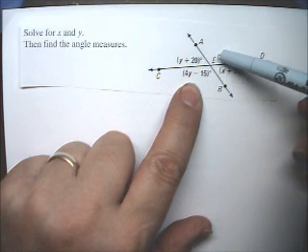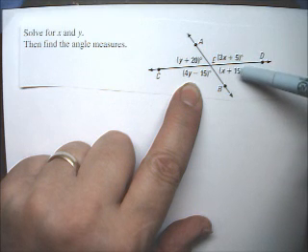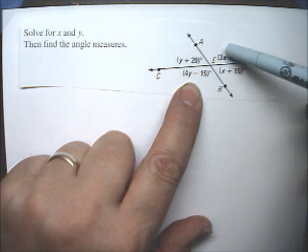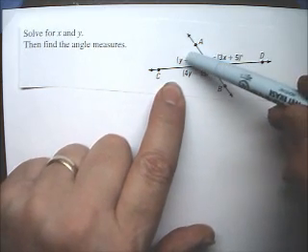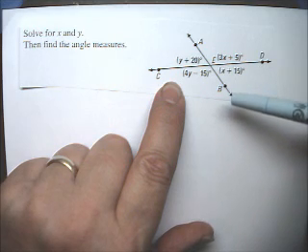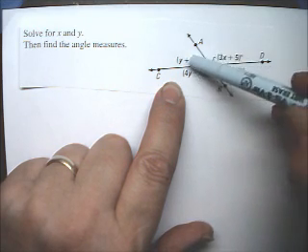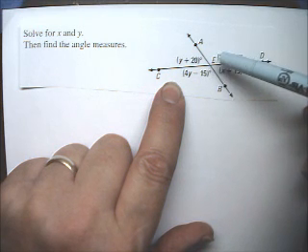If we add this one plus this one, we'd have 3x plus 5 plus x plus 15 equals 180, because those two angles add up to 180. We could do a similar thing here and have those add up to 180. That'd be an equation in x and y.